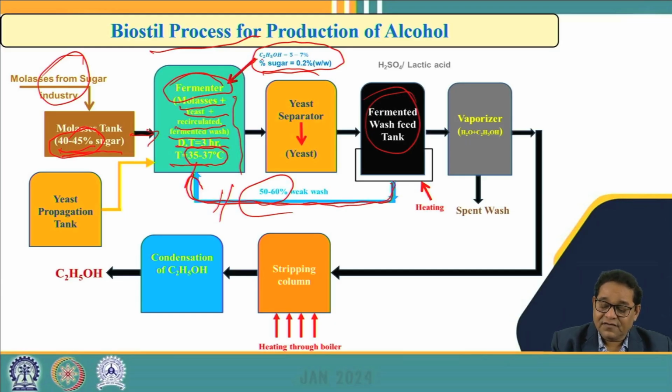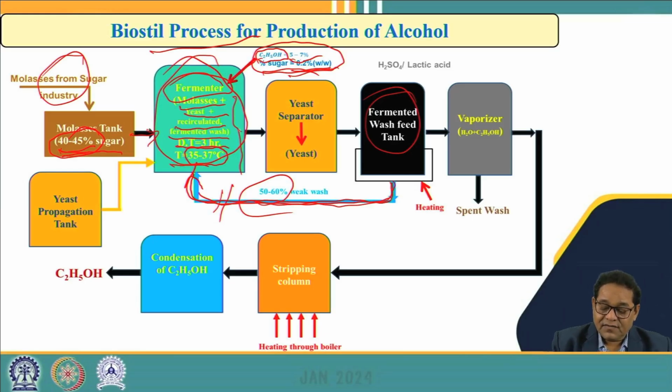After recycling there will be some ethanol concentration also, which should not be more than 5 to 7%. And after recirculation, the sugar content in the entire fermentation tank should not be more than 0.2%. So these are the control parameters for carrying out this fermentation process efficiently.